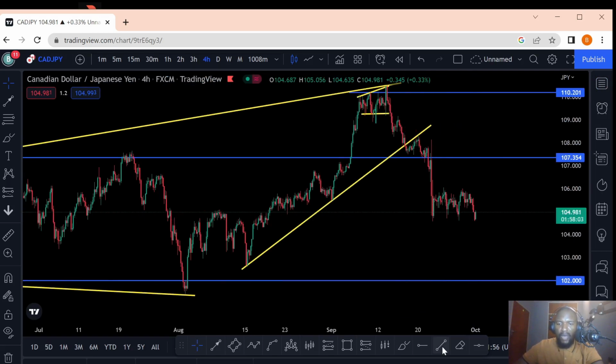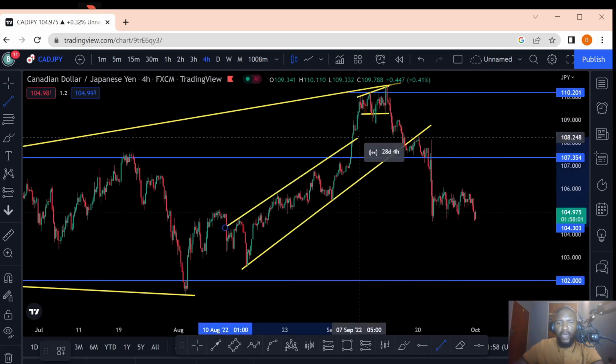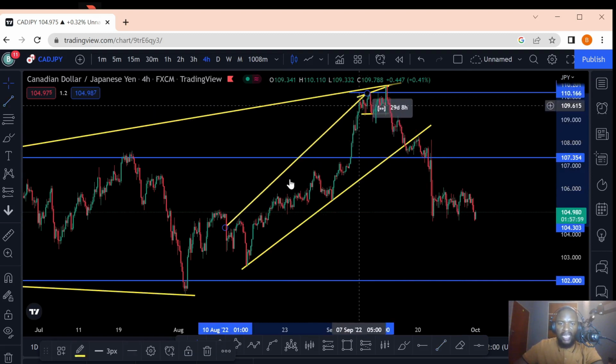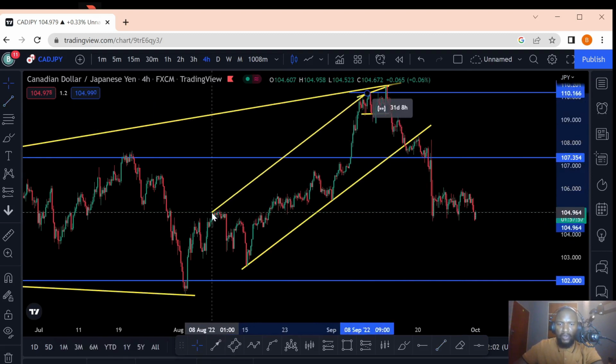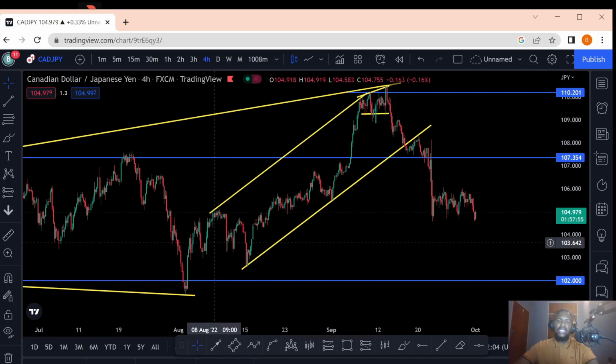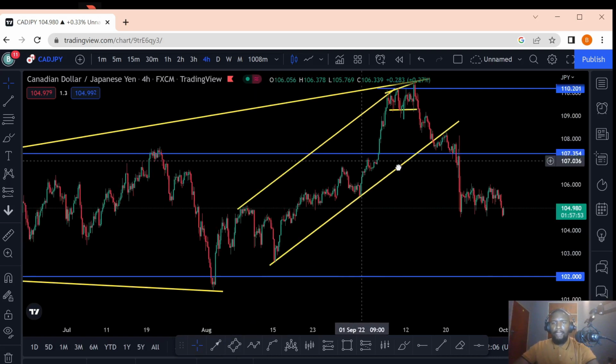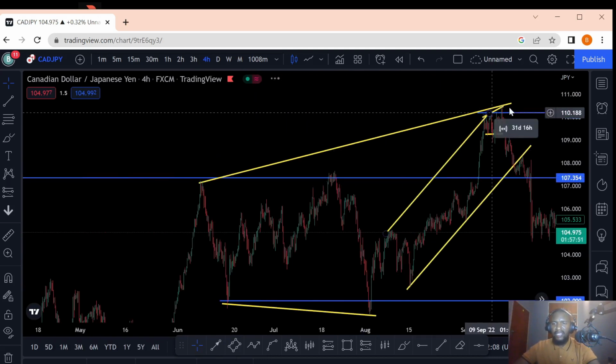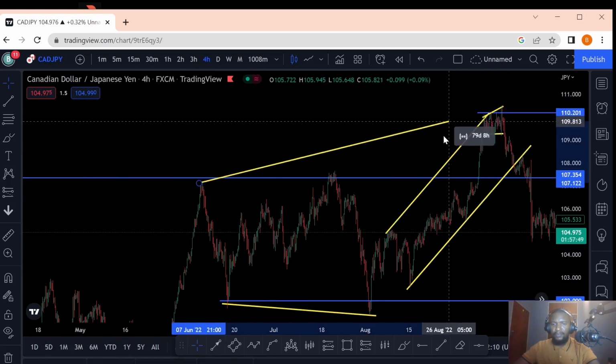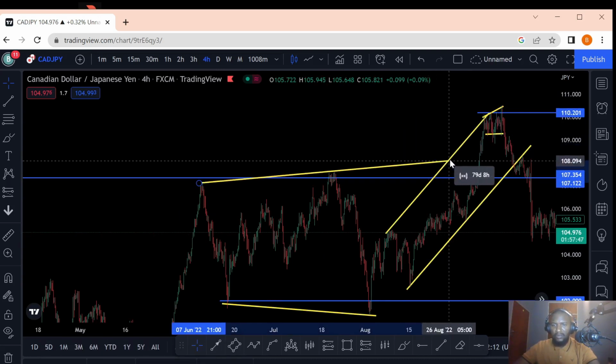And CAD JPY played out very well because the market gave us what we really wanted, because right here it gave us this channel, and this channel gave us some sort of nice momentum to the upside.